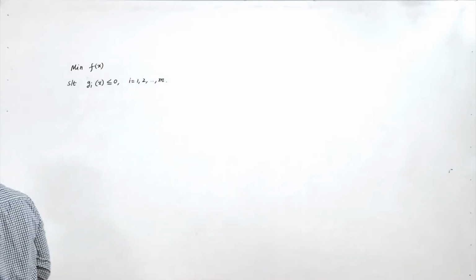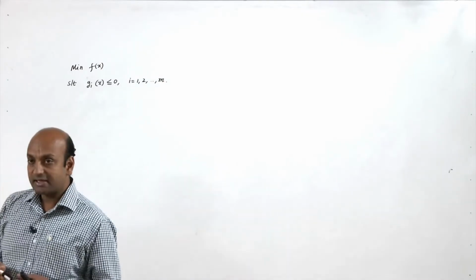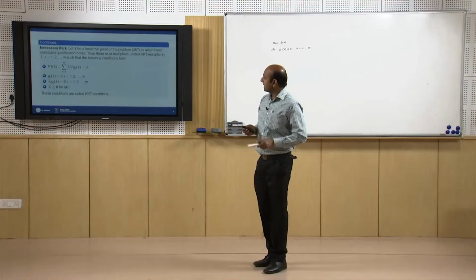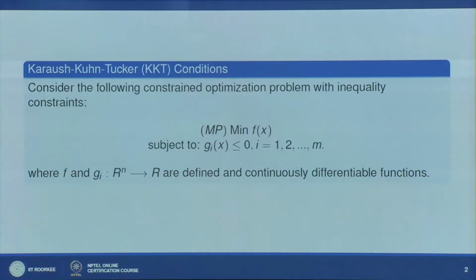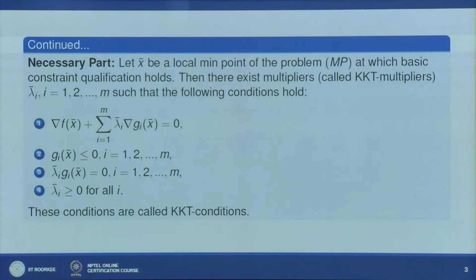Let x bar be a point of local minima for the problem MP, at which the basic constraint qualification holds. Then there exist multipliers, which we call KKT multipliers, lambda_i bar, i from 1 to m, such that the following conditions hold.